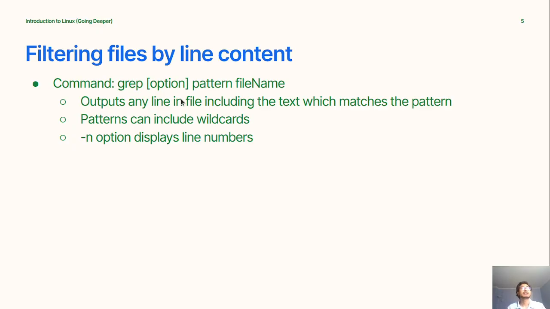For instance, you have a file, and if you want to look for the line which has, let's say, hello world, then you can use the grep command and give the pattern hello world, and it gives the content which includes hello world and the line too. To know about the line number, you can use the -n option, and it also supports wildcards, which we'll see when we move on.